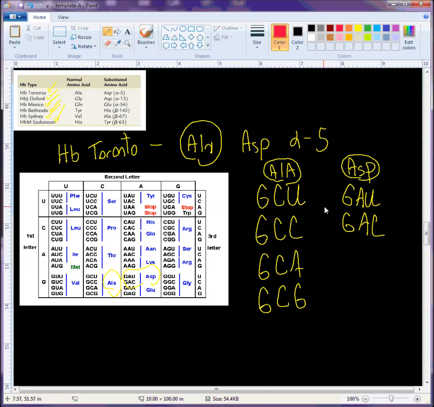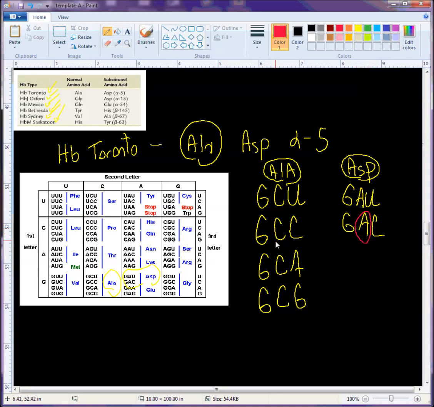So let's see, we have GA, and we're looking for just one change. Could one change have occurred to change this amino acid from alanine to aspartic acid? And we can see right here, right?